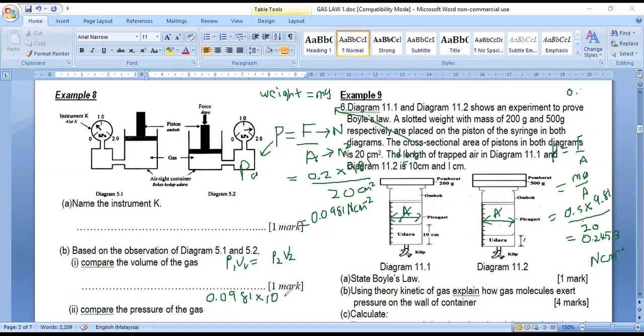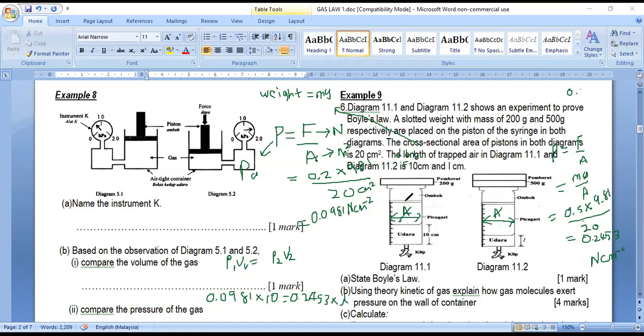Equals, the pressure is 0.2453, and then you multiply with the new length.